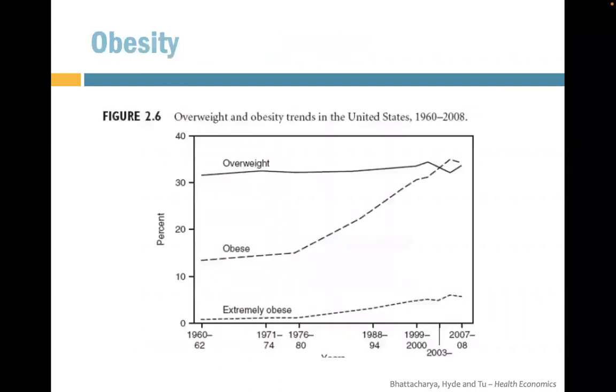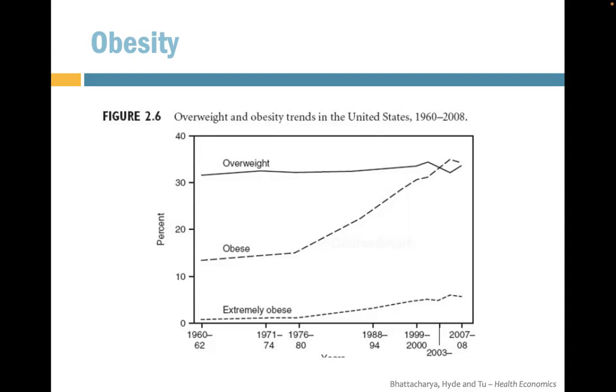Okay, so the biggest problem, obesity. And it looks like overweight and obesity trends in the United States are increasing from 1960 to 2008. Obesity has a very huge increase.